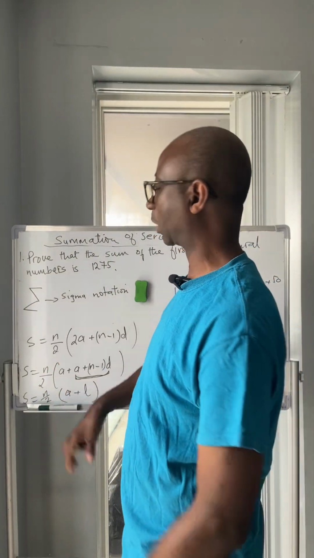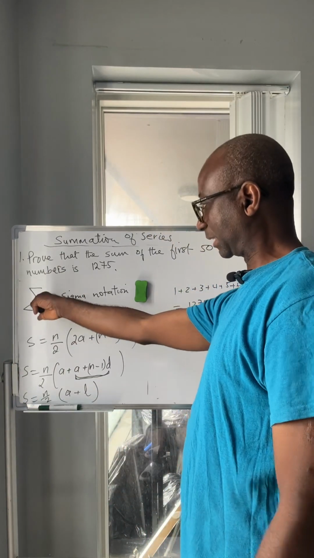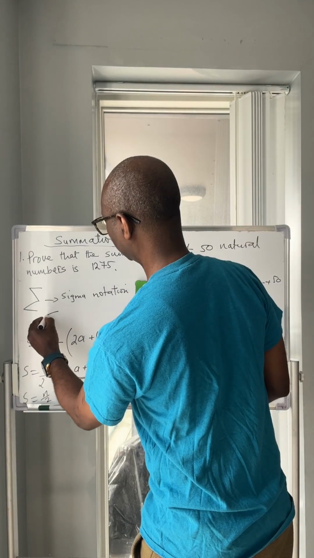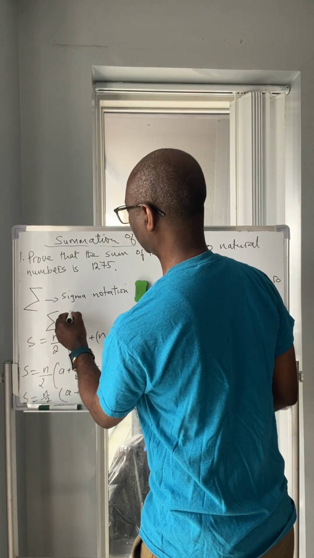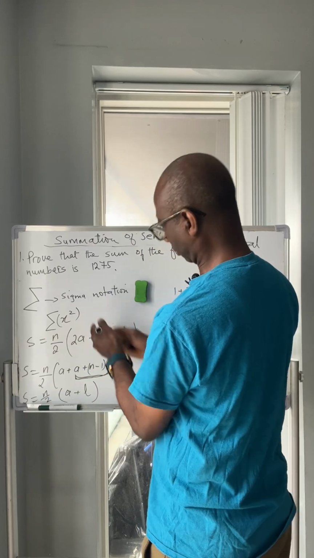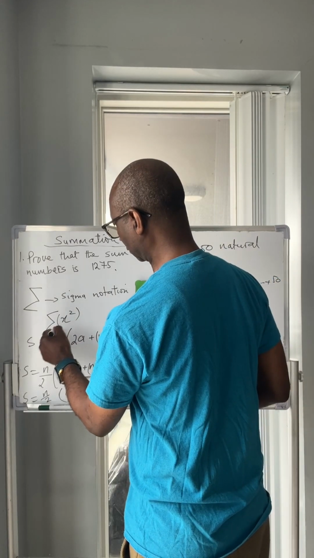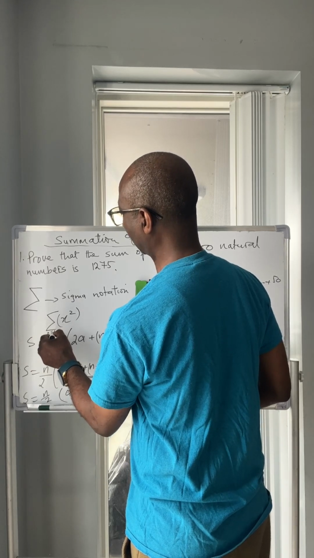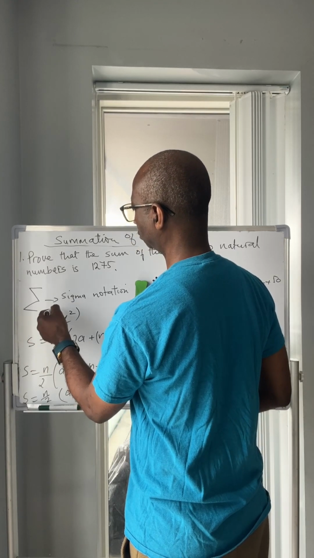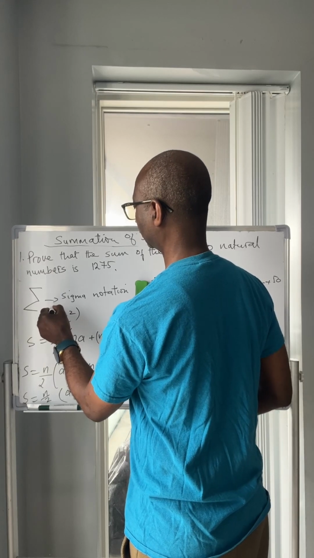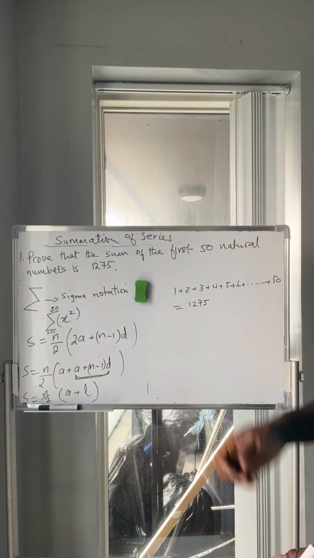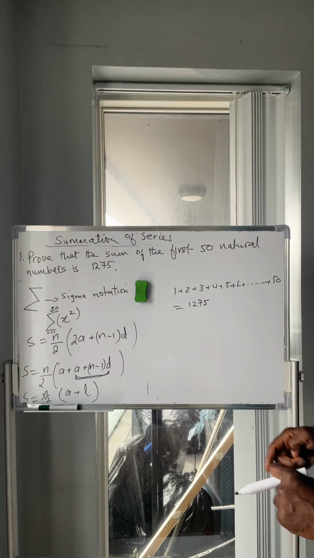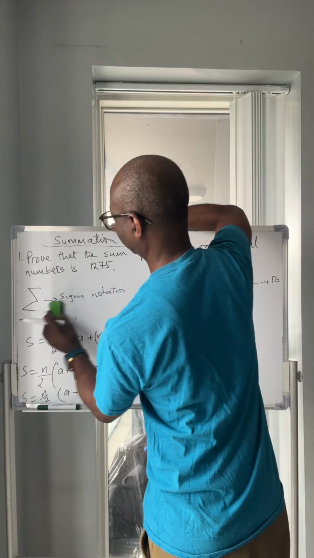This symbol means you add up what is inside it. If you are given x squared here, you are adding up all the x squares, and they will tell you from n equals 1 to maybe 200. So that is the symbol they normally use for summation of series.